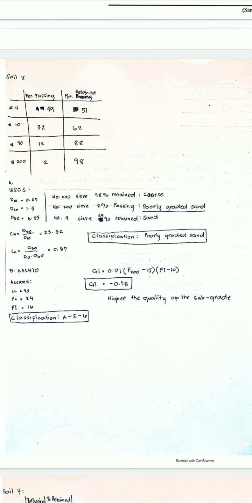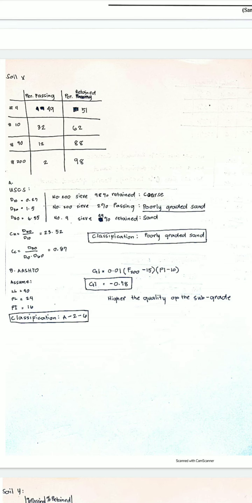When you classify a soil as A-2-6, you need to use the formula of group index: 0.01 times F200 minus 15 times PI minus 10, where F200 is the percent passing on sieve size number 200.